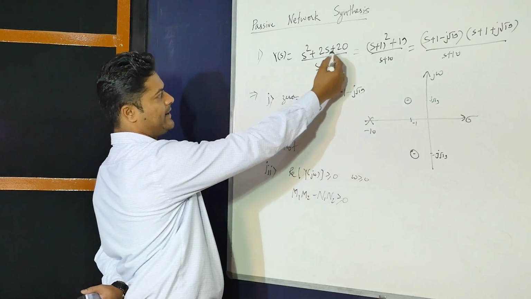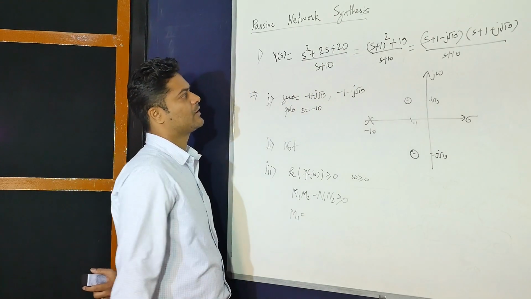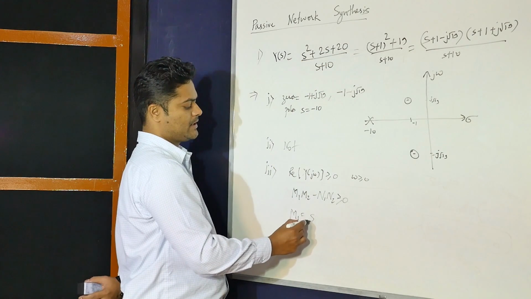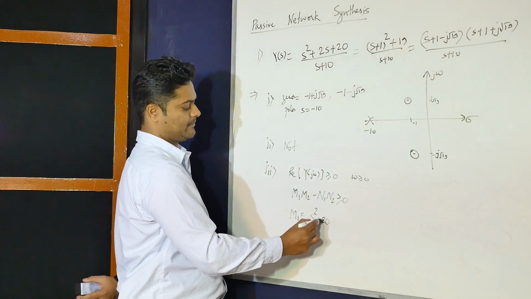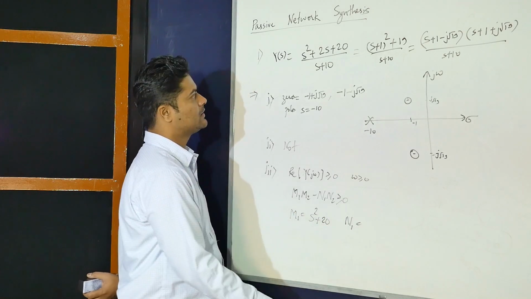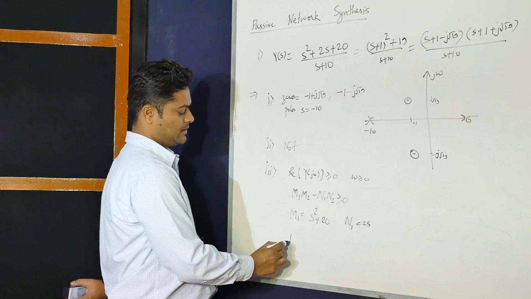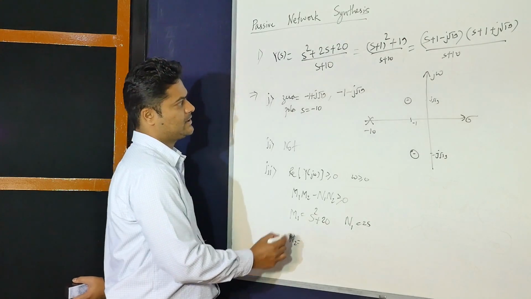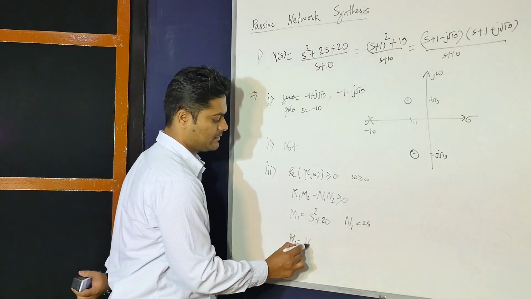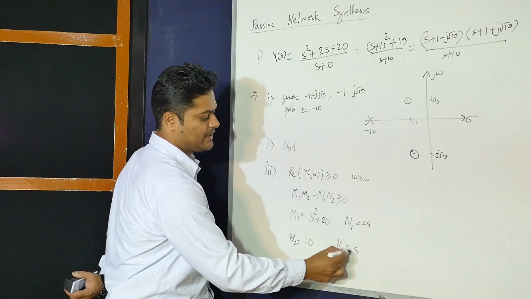So from this, can you find out what m1 is? m1 is the even part of the numerator polynomial, that is s square plus 20. And what is the odd part of the numerator polynomial? It is 2s. Correct. So m2 is the even part of the denominator polynomial, which is nothing but 10 itself, s to the power 0. n2 is having only the s term.